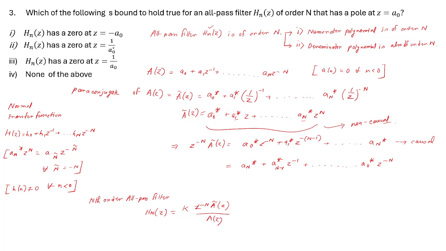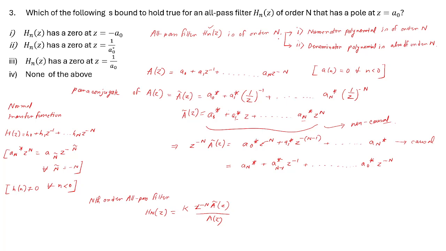So I mainly bring up this A of z and A tilde of z just to use this property, just to connect between these two. What I think by now you exactly know, because I already gave you a hint here, is that an all pass filter of order n can be seen as a ratio between two polynomials of order n.